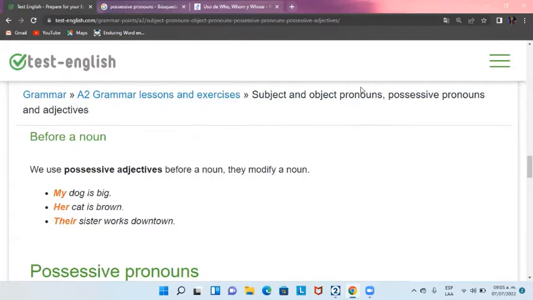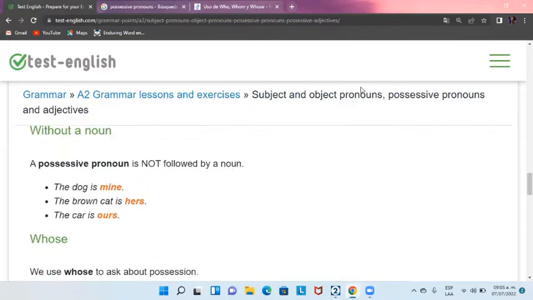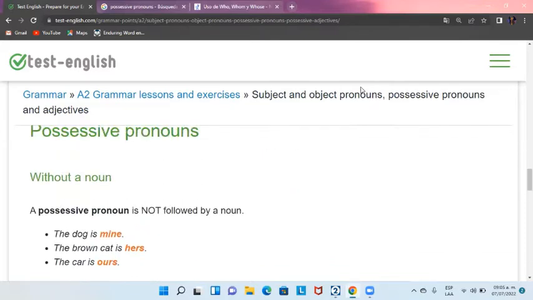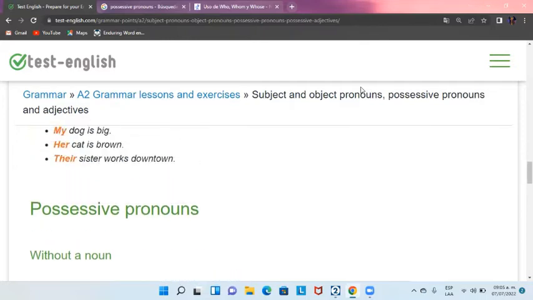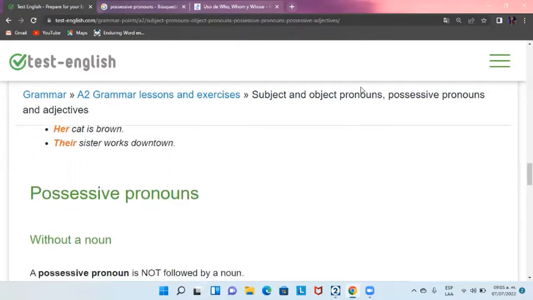Su hermana trabaja en el centro. Their sister. The brown cat is hers. O sea, señalamos hacia ella. El gato café es de ella. Y aquí la diferencia es su gato es café.